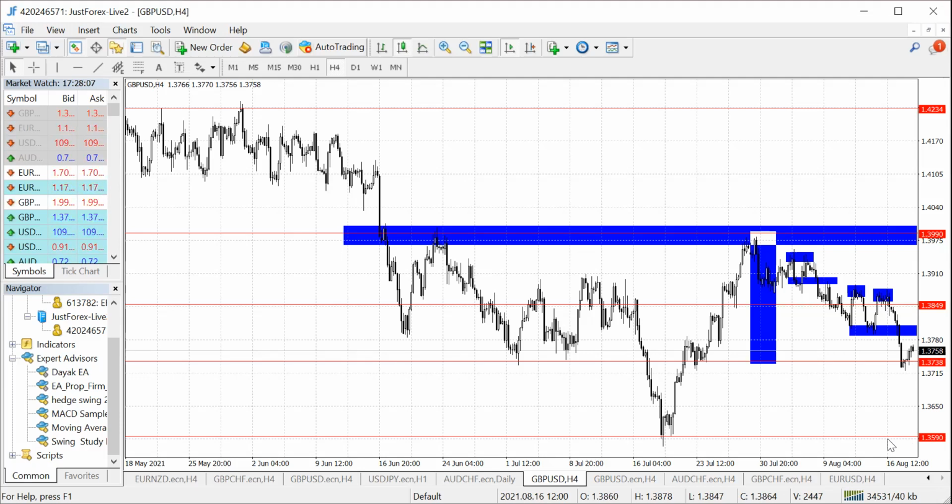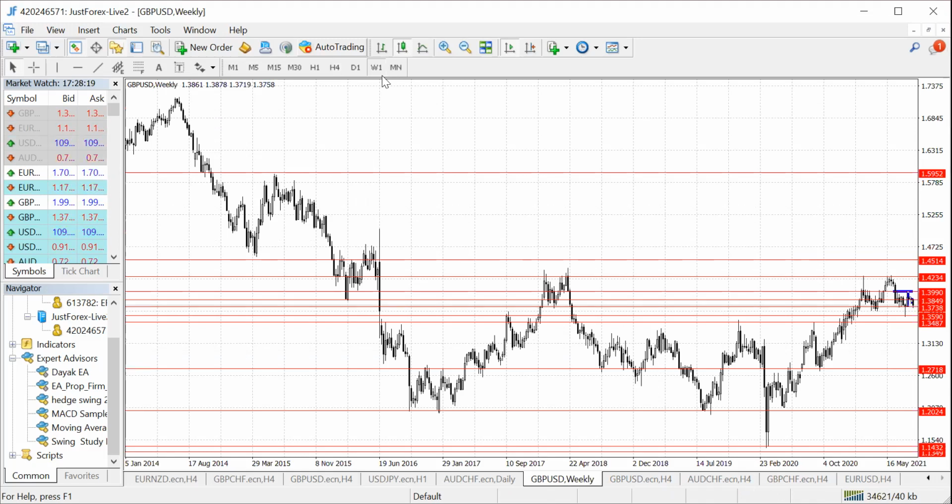That question is very simple. One, what's the overall market structure of GBP/USD? Let's check on the higher time frame, on weekly. Let's take it from the weekly point of view.